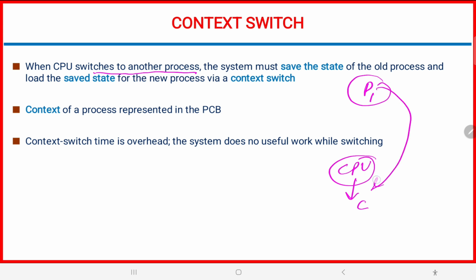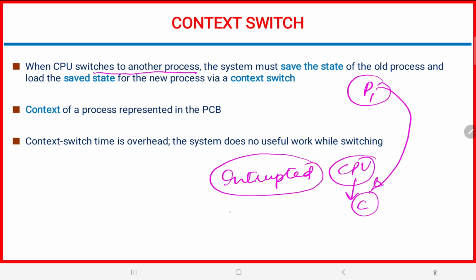Before it could complete its execution, let's suppose this process was interrupted, and the interrupt was caused by a higher priority process. A new process came, let's suppose P2, and this P2 process had higher priority compared to P1.